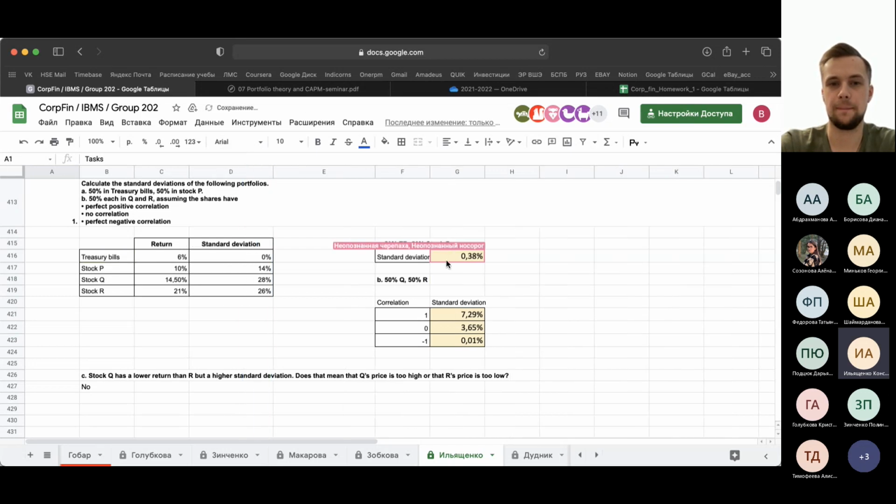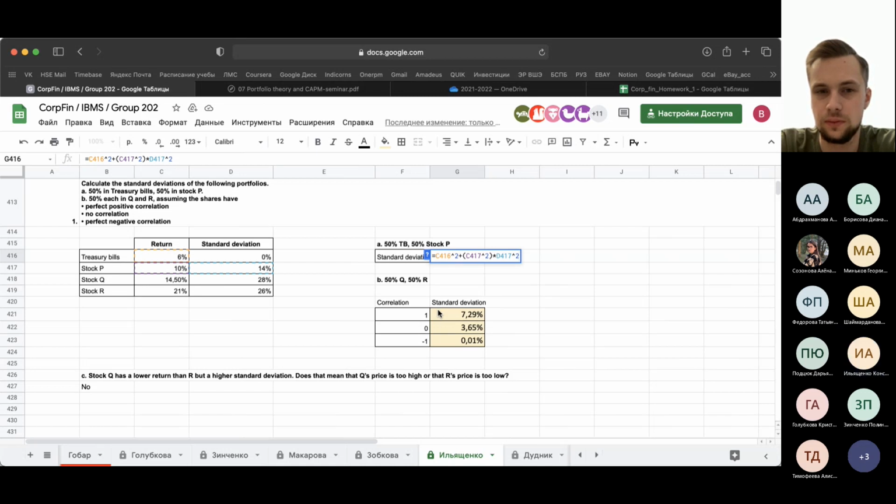So we just use the formula for calculating the standard deviation, but because the correlation is 0, we do not take the correlation into account, and because treasury bills have 0 standard deviation, we also removed it, and we just obtain the standard deviation of our stock P.